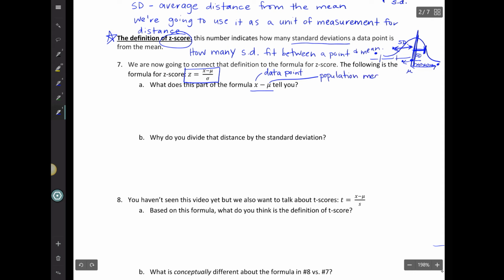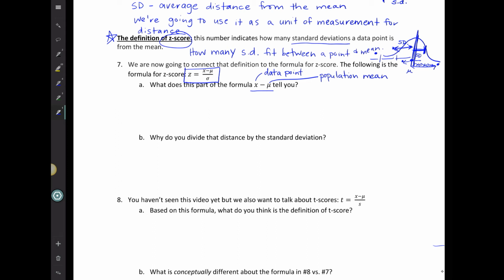So think about this. The top part of our z-score formula is saying take some data point and then subtract the mean. What is this difference between these two telling us? Think about it in terms of the z-score definition that we have.